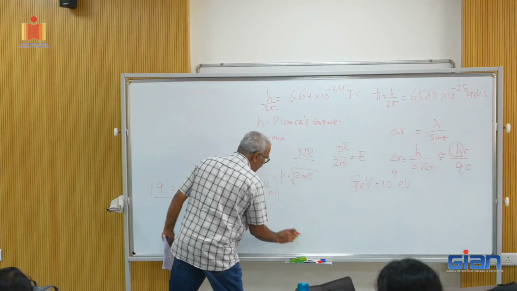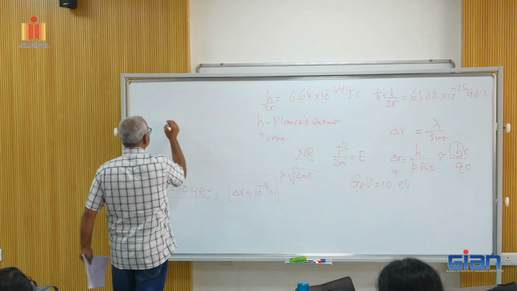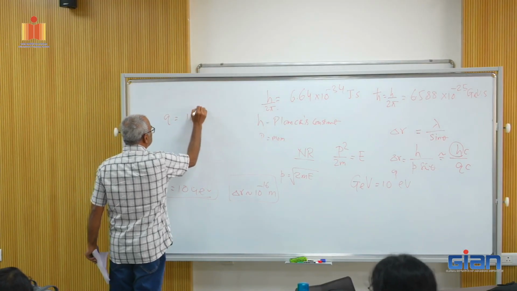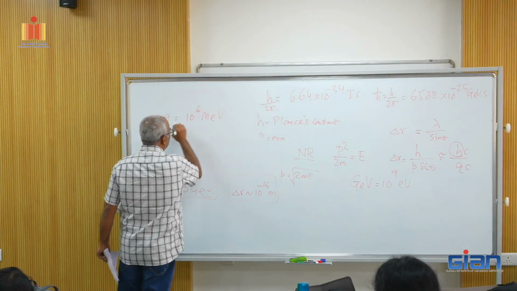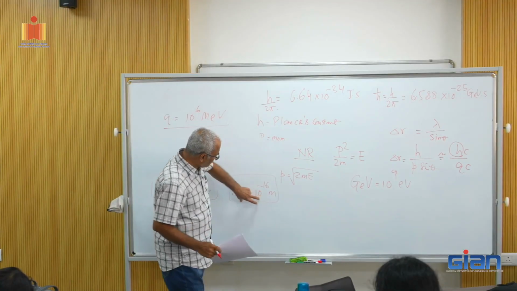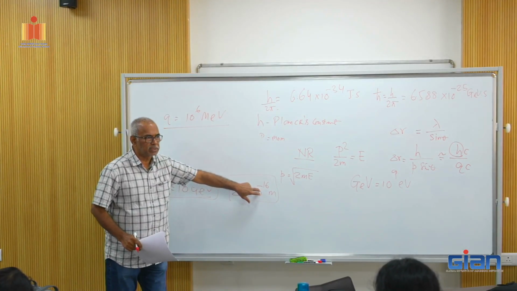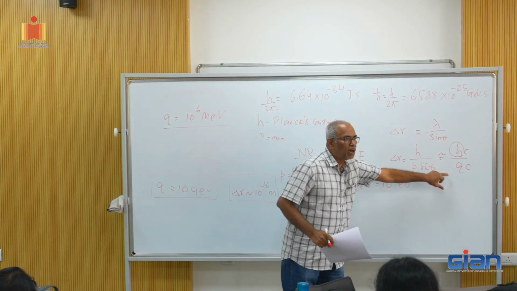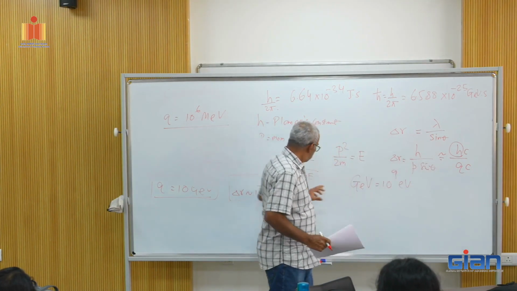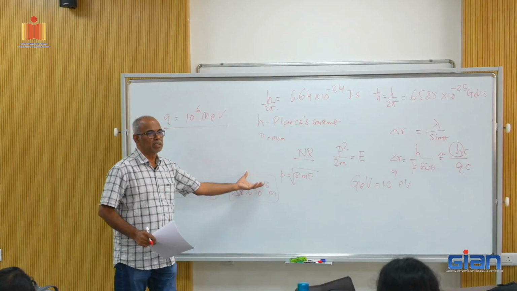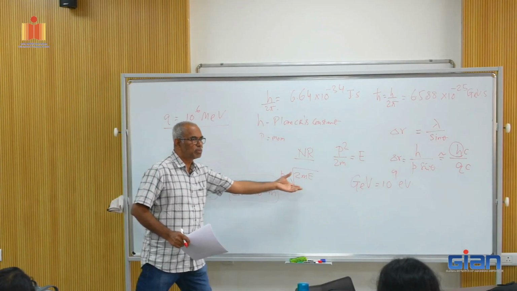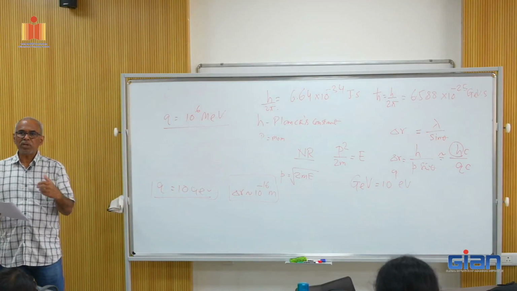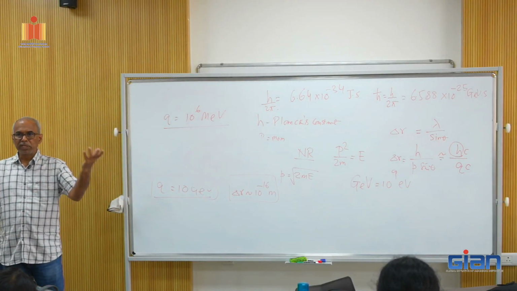Just order of magnitude, looking at the formula that I already mentioned. Suppose your beam energy is something like, let's say, 10 to the power 6 eV. You will see that obviously it will be less than 10 to the power minus 16, because now I was taking GeV, 10 to the power 9, now I am taking 10 to the power 6. So it will be roughly 10 to the power minus 13 meter or so, 3 orders of magnitude difference. Okay, that means we are not able to see even beyond the nuclear dimension.